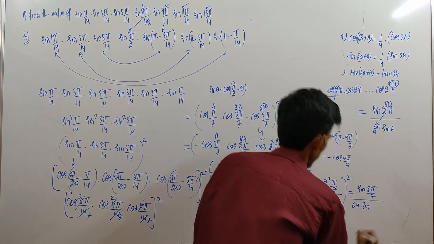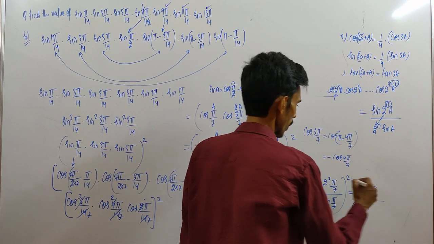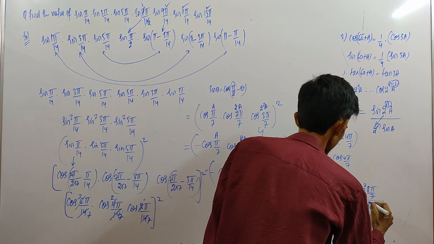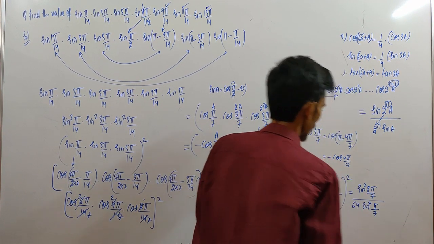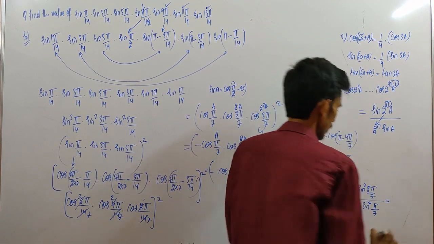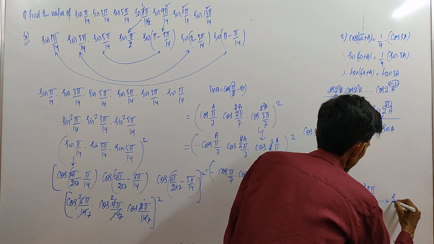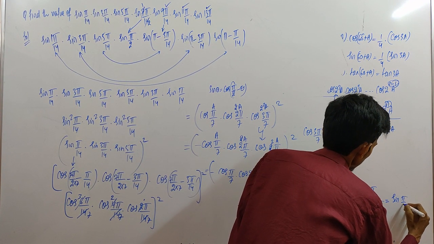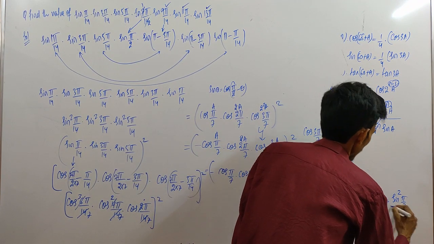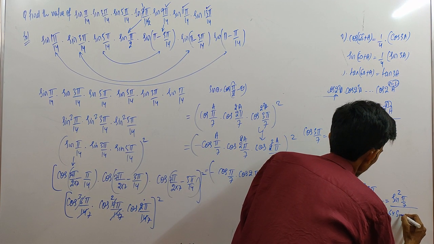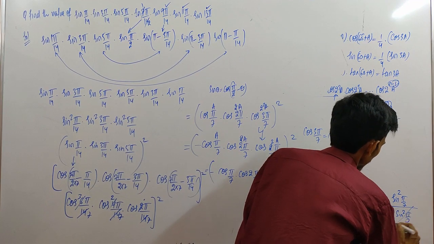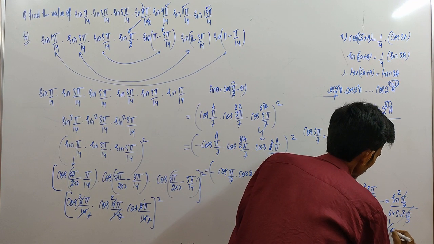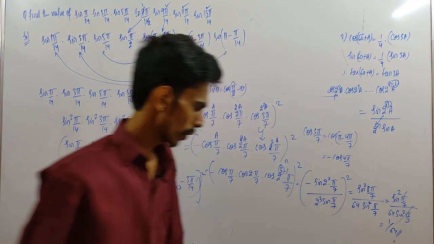Here we will square the sine: sine square 8 pi by 7 over sine square pi by 7. So this sine 8 pi by 7 can be written as sine pi by 7, square, divided by 64 into sine square pi by 7. These two will get cancelled. We have 1 by 64 as the answer for this question.